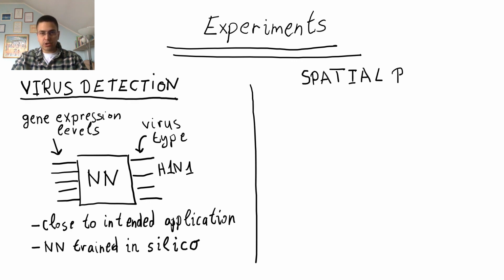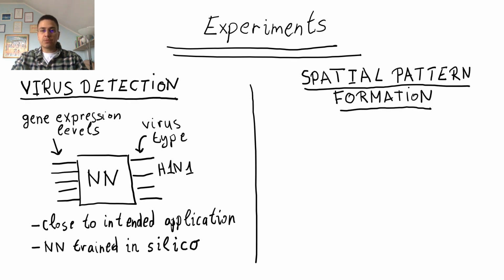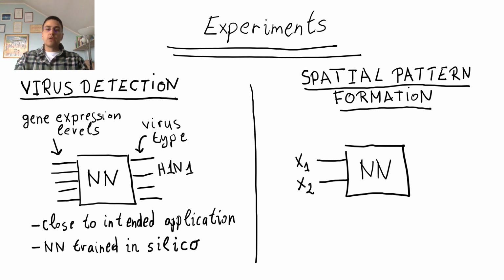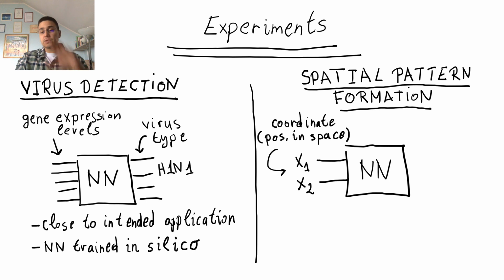This was virus detection. Then we move to spatial pattern formation, another experiment. I should mention that spatial pattern formation has important applications in synthetic biology because tissue and organ engineering rely on it. To model this problem, we have a neural network which on its inputs receives x1 and x2, representing the coordinates of a position in space.